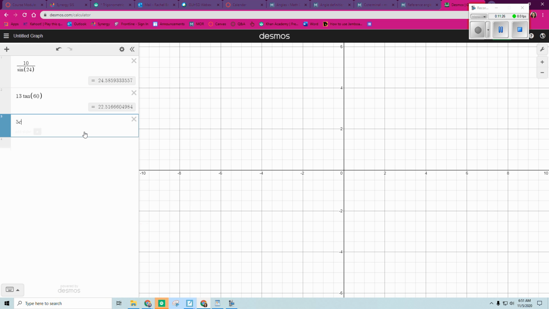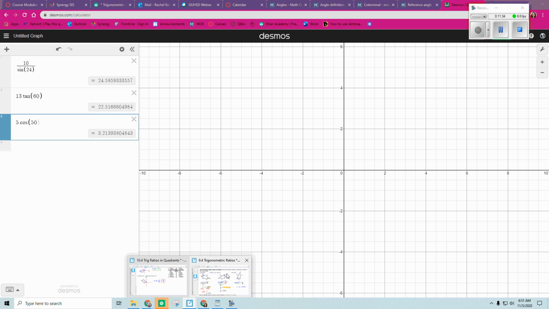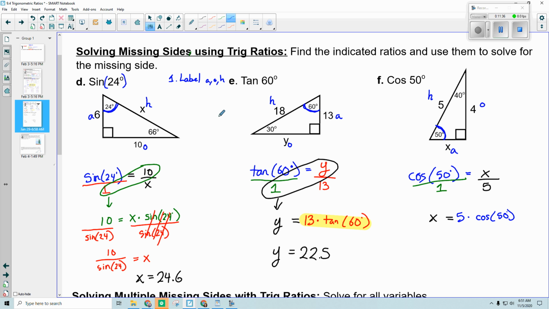So 5 times cosine of 50, okay? And I get 3.2. So that side x is a length of 3.2. So that's how I would use each of these trig functions to solve for a missing side.